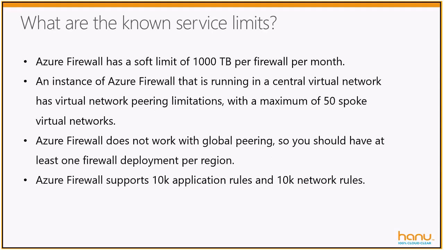If your transactions go above this limit, this line only says that it's a soft limit, not a hard limit, so it's not restricted to that. You have to contact Microsoft. That's only traffic, whatever traffic is coming, inbound and outbound.